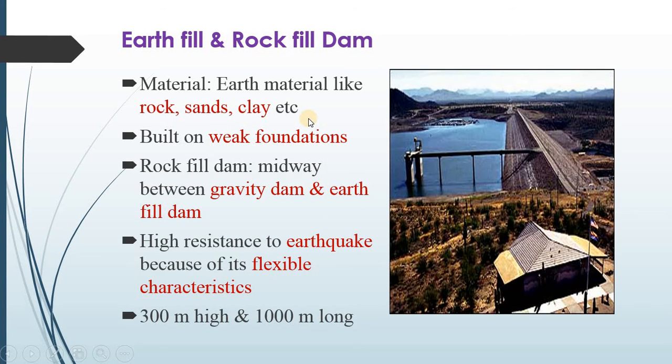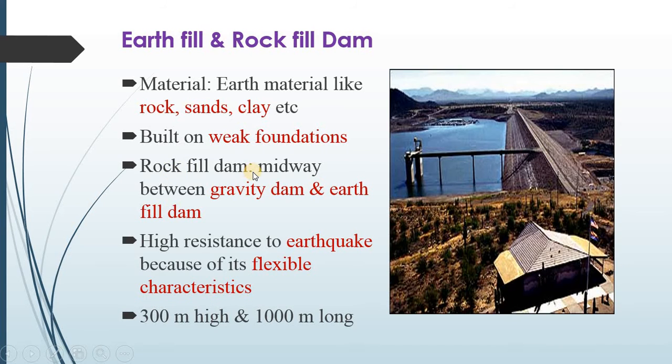Next type is earth-fill and rock-fill dam. The only difference is the material that is used for the dam. So earth material like rocks, sands and clay are used in case of earth-fill and rock-fill dam. Again, it is built on weak foundations.